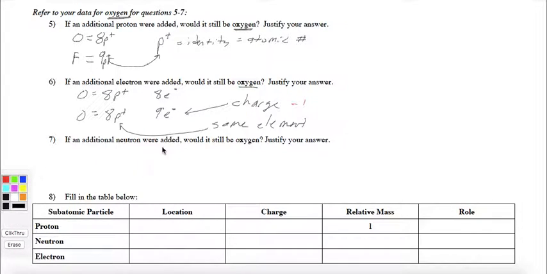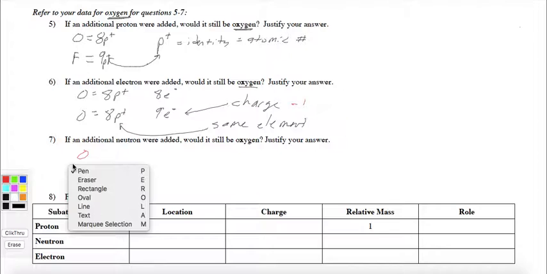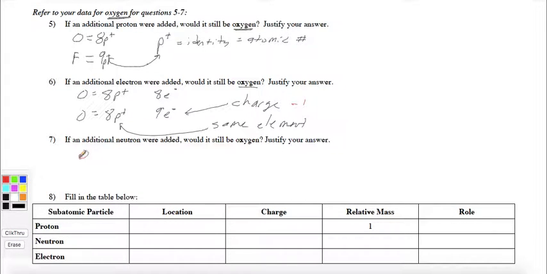Lastly, if we have an additional neutron, would it still be oxygen? Again, we're going to select oxygen here. There we go.